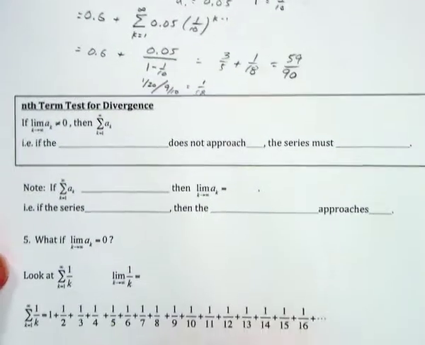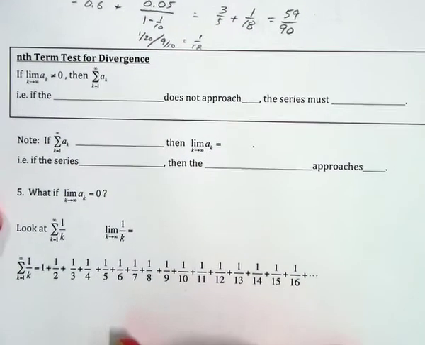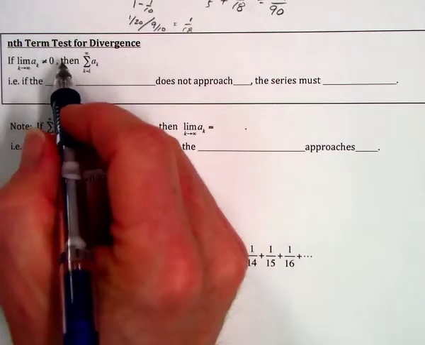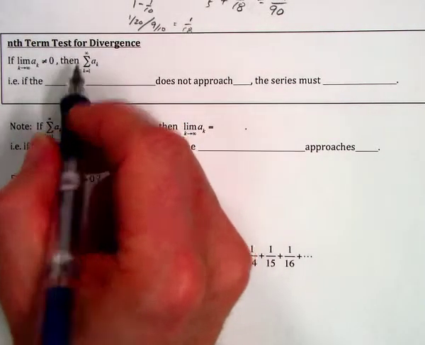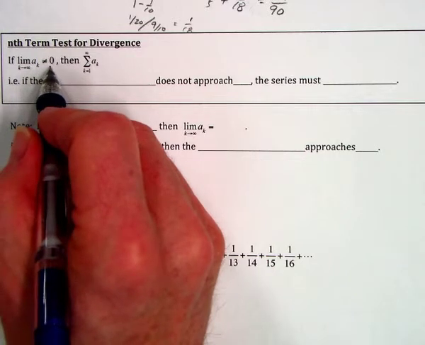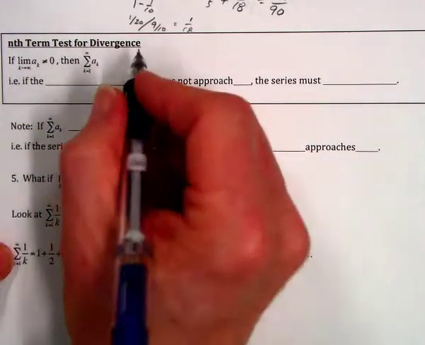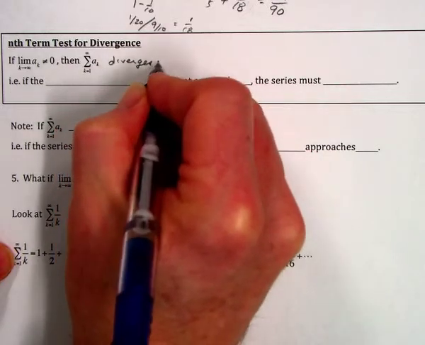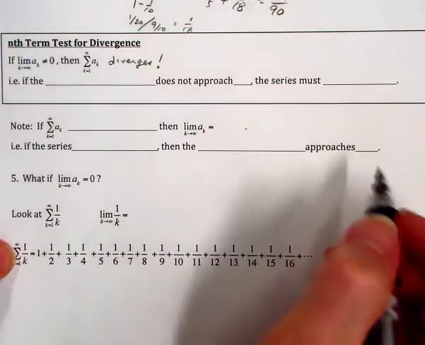All right. This next one is an important test. You need to know it well. The nth term test for divergence. If the limit as k goes to infinity of a sub k does not equal 0, then the sum diverges. Think about this for a second.